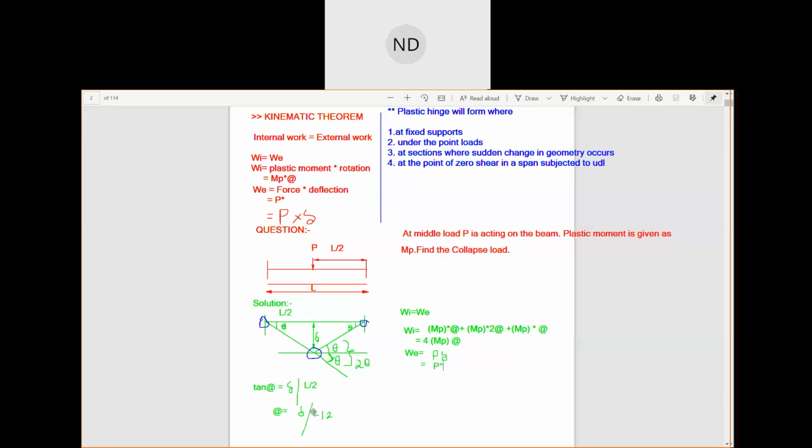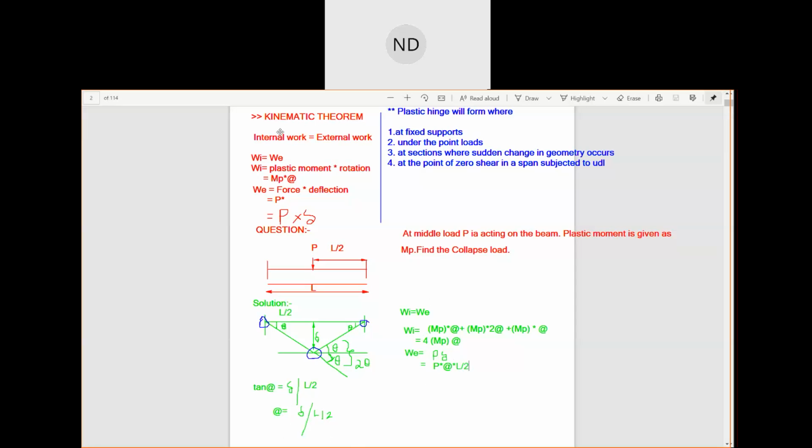Delta is equal to theta into L by 2. So the external work done is P into theta into L by 2.